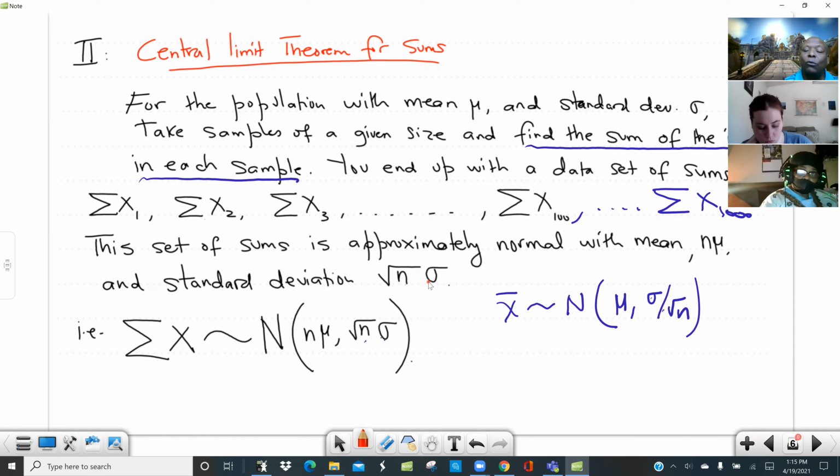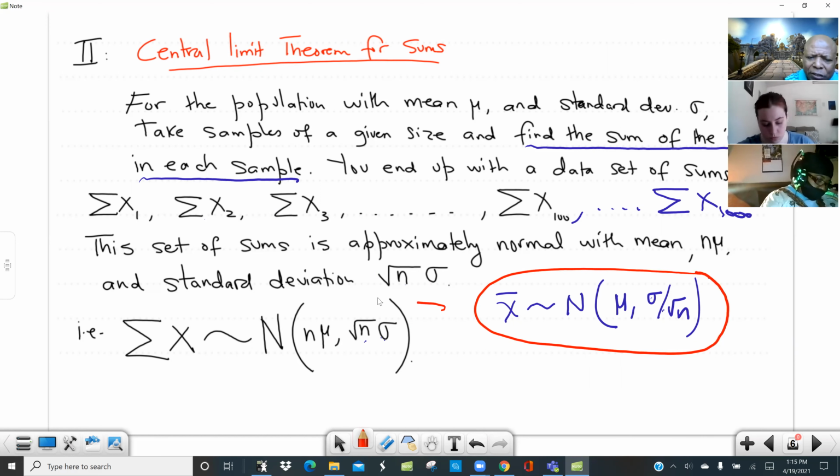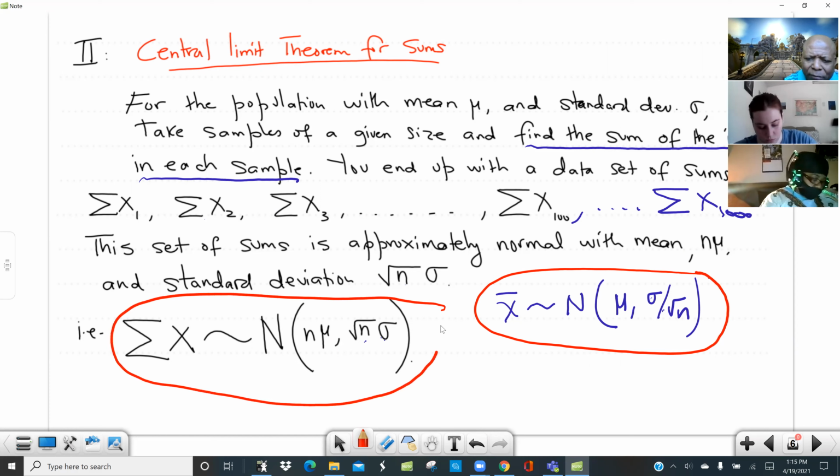So in other words, we have two normal distributions. This was from the sample means, this is from the sums. And that is what this chapter is about.